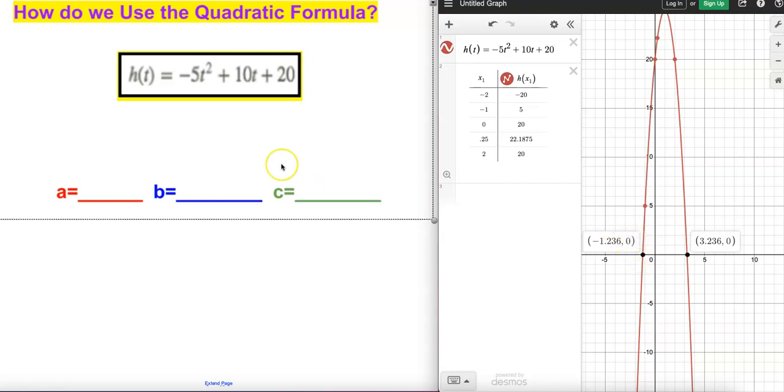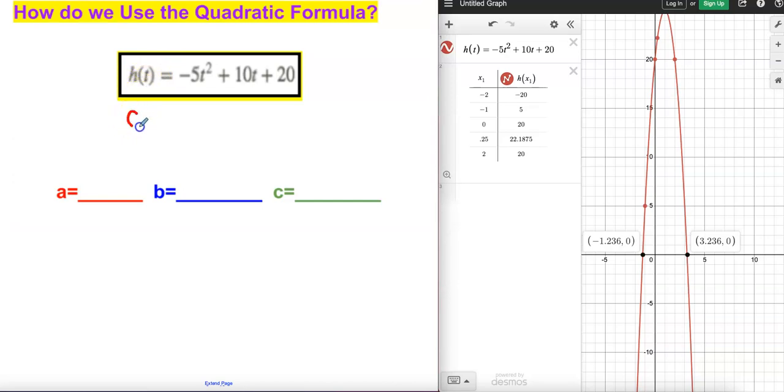When I am solving this equation using the quadratic formula, I have to make sure that my y is equal to 0. So I'm going to make my y equal to 0, and I'm going to put negative 5t squared plus 10t plus 20.